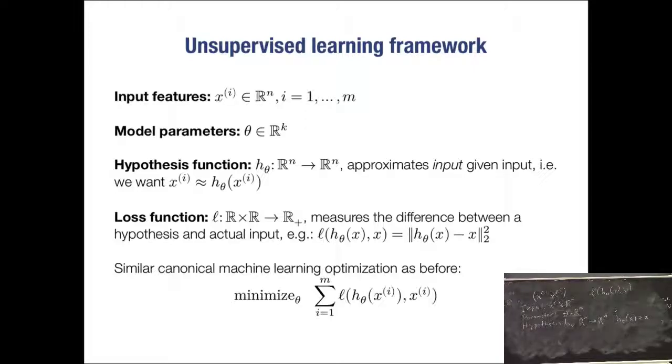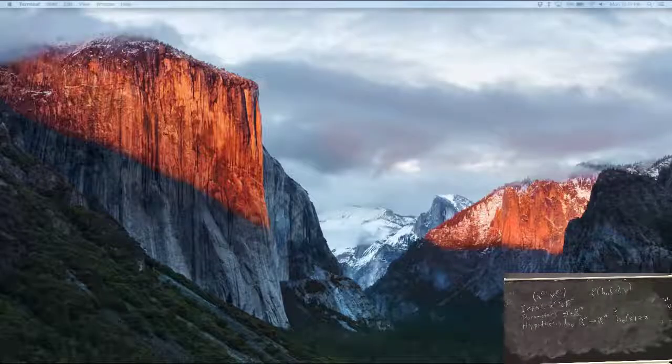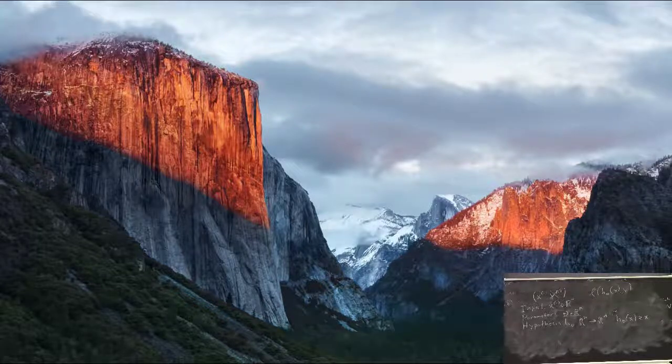Then I'm going to have a loss function. Oh, that should be, hang on, fix this. This should be Rn. The loss is Rn, Rn. Okay, so I was missing the n's here, because our hypothesis and our actual x are both in Rn.